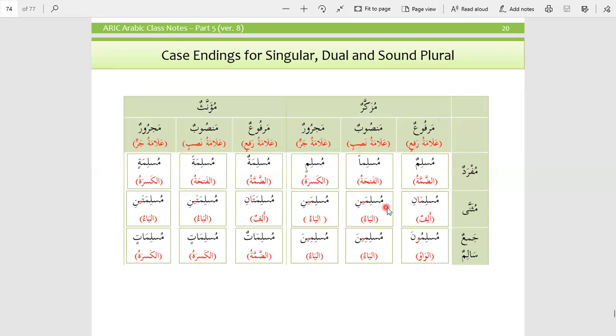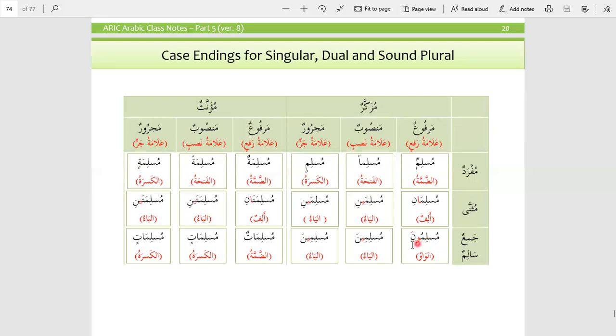And we said when it's mansubun, it is alamatu nasbin, and the sign is ya. When you see a ya in Muslimayn, you know this word is in mansubun case, and it's referring to two male Muslims. Let's look at this one.